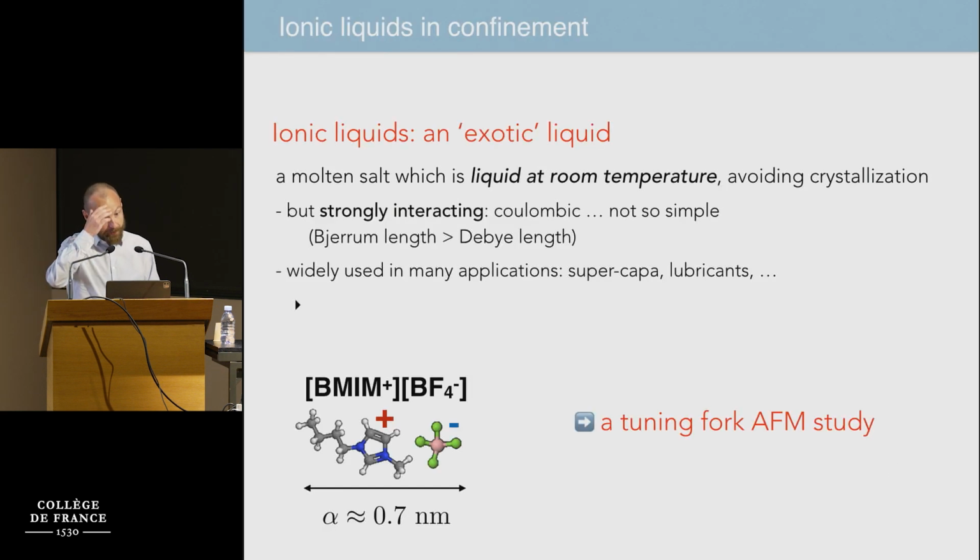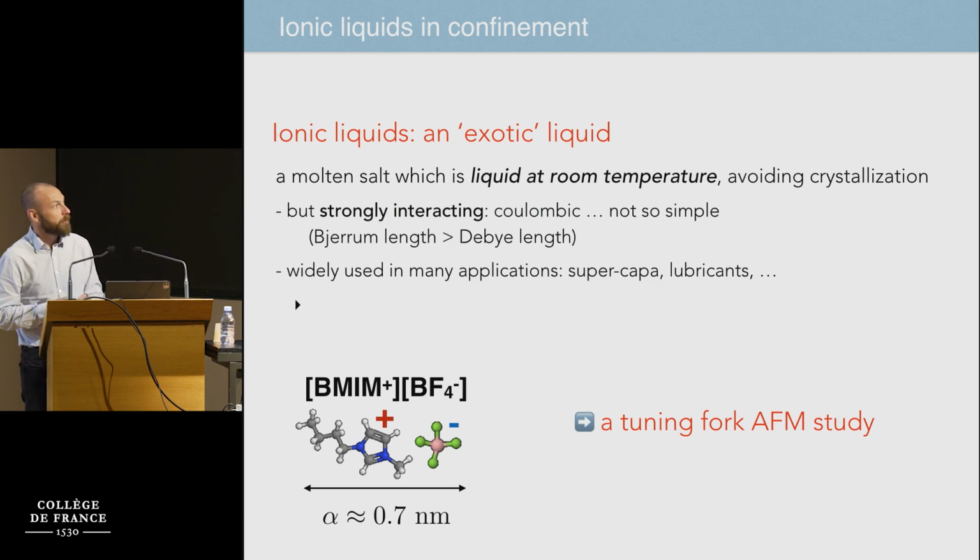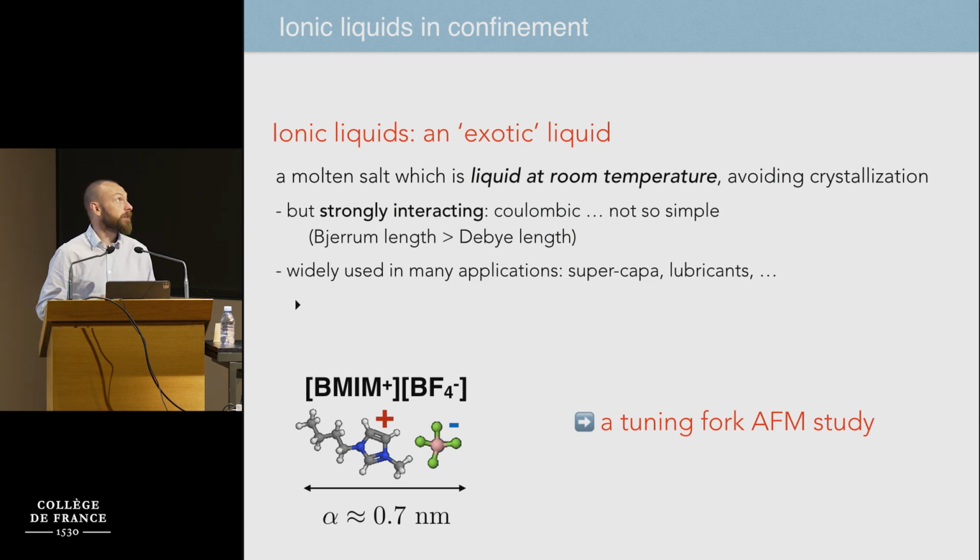The first thing we were interested in was to use an AFM in the most canonical configuration: using atomic force microscopy to confine fluids between a probe and the surface. Benjamin presented briefly what we did at the beginning. We were interested in studying the mechanical properties of ionic liquids when they are confined between metallic surfaces.